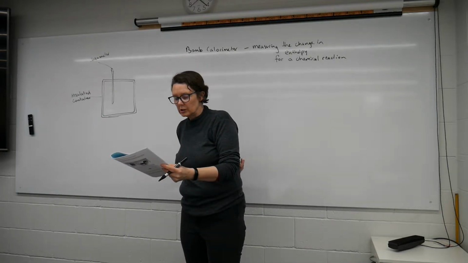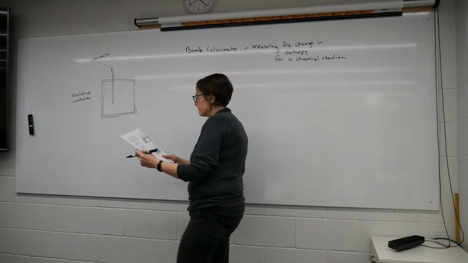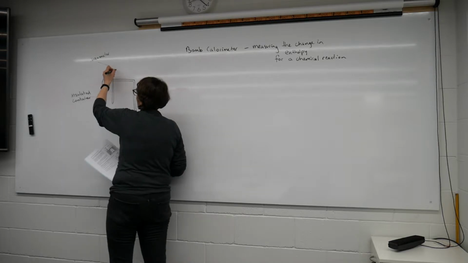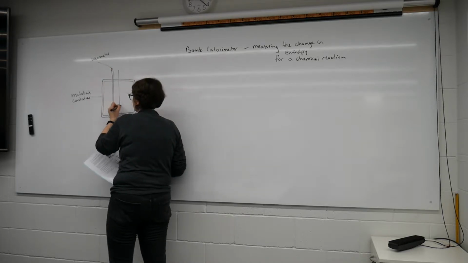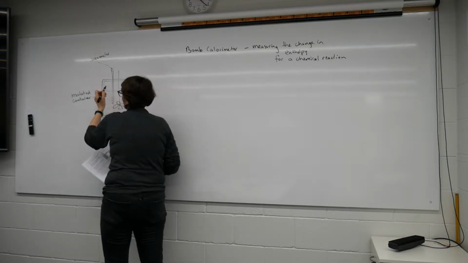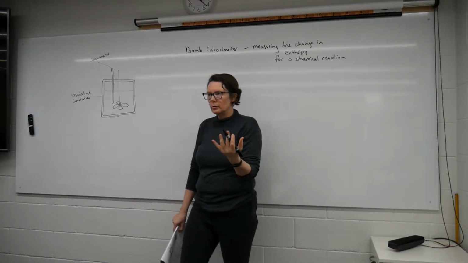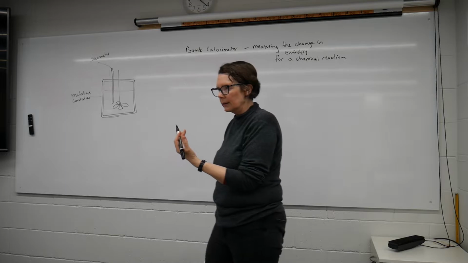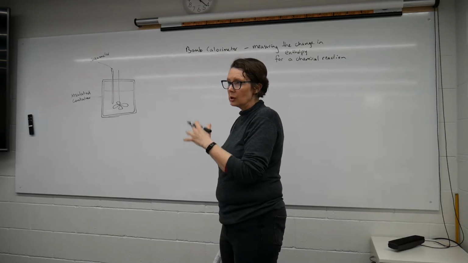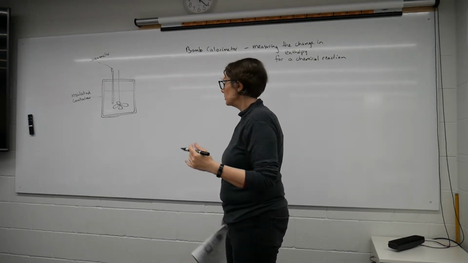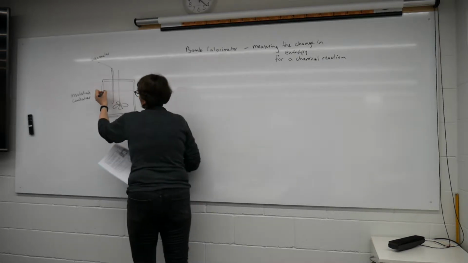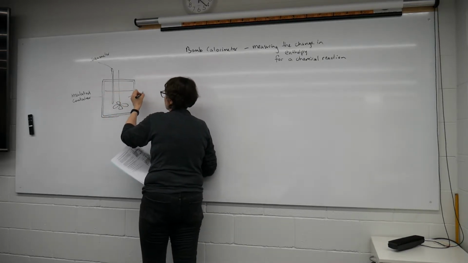That's what we're interested in finding out. We also have a mixer that is going to make sure that we are measuring the temperature for the entire reaction's change in temperature. Okay, so this is our reactants.